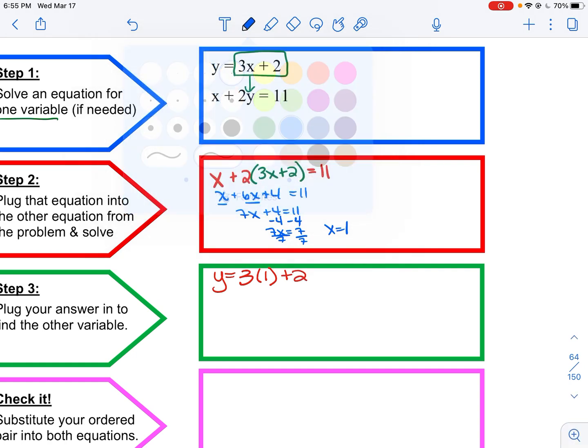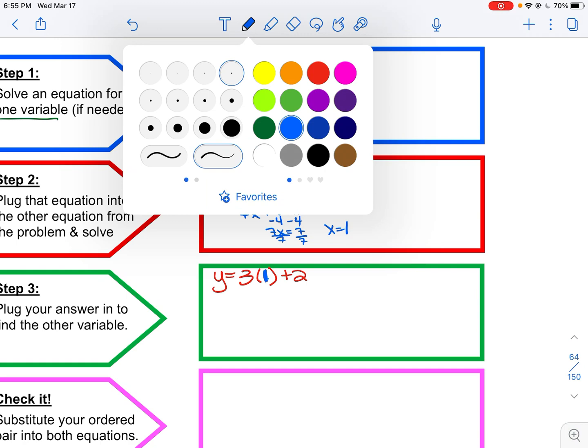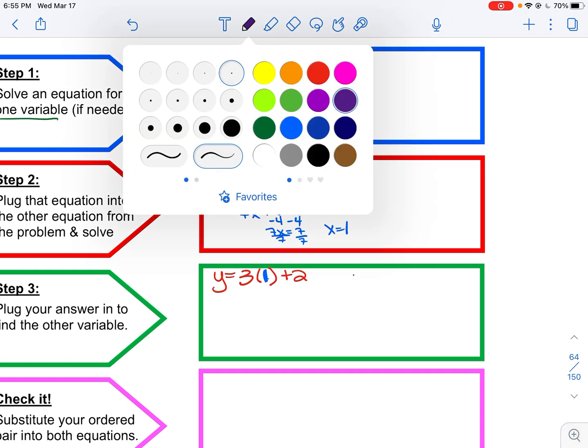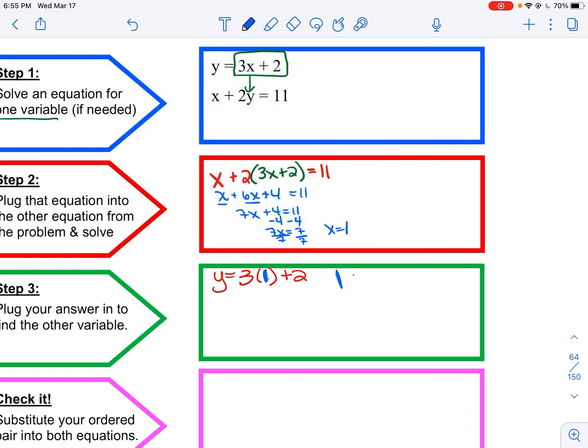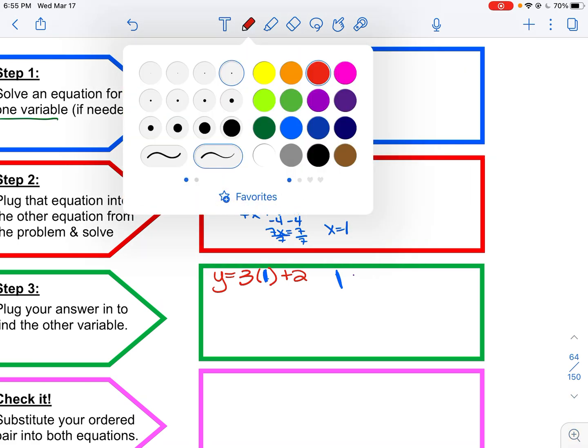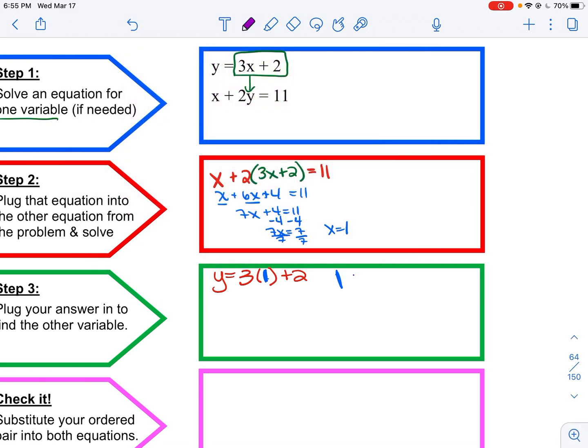Then I'm going to change this so that it's color coded. Then I'm going to plug it into the other equation. 1 plus 2y equals 11.